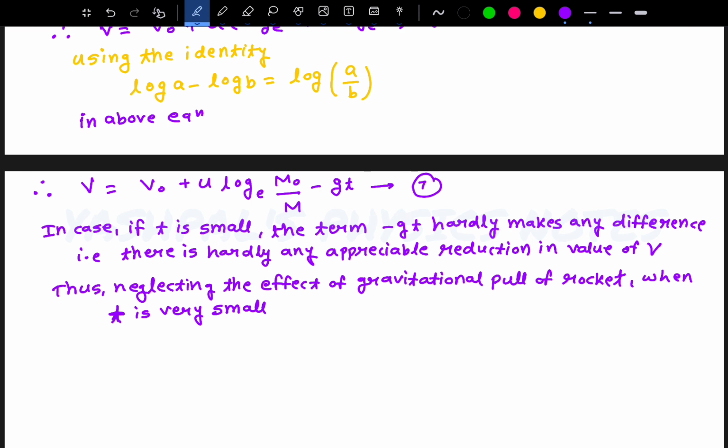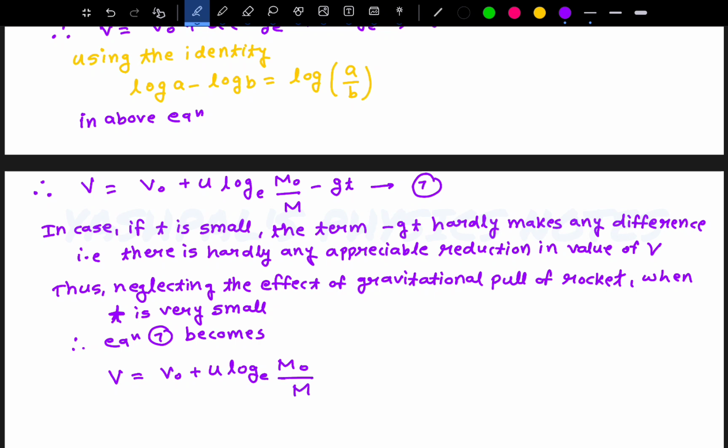So final equation. Therefore equation 7 becomes, if we neglect this term when t is very small, V is equals to V naught plus u log to the base e m naught by m.